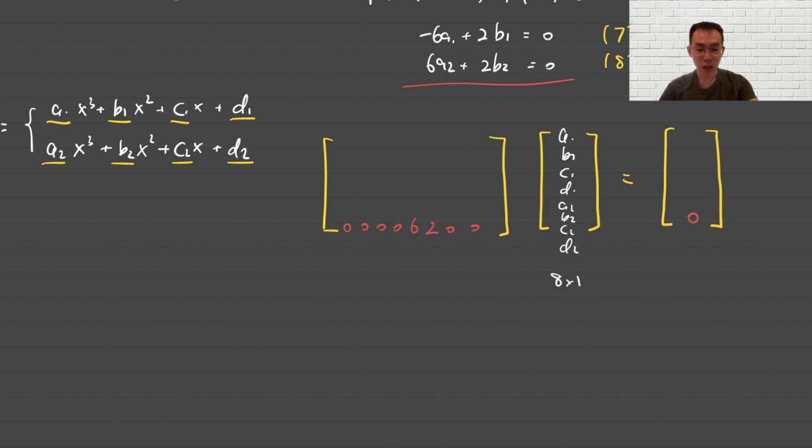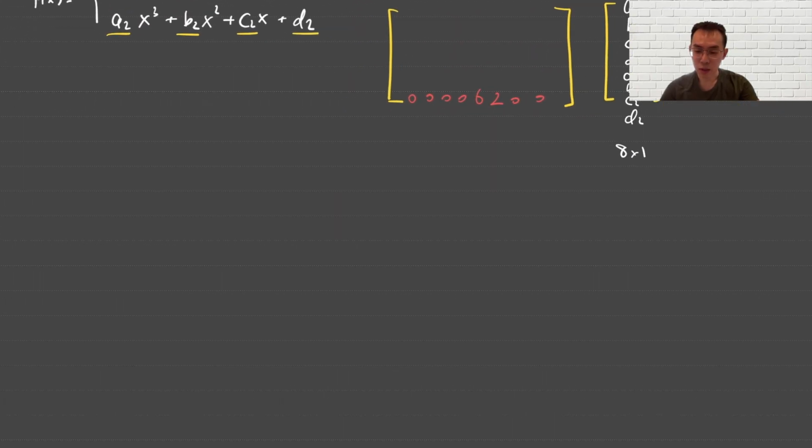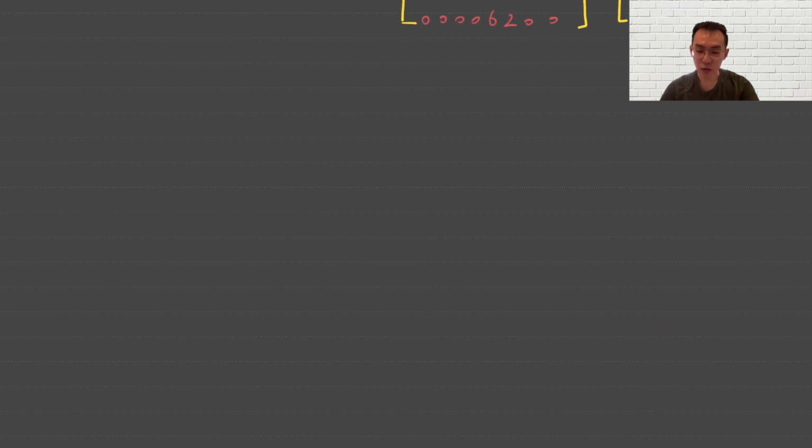And if we have n variables, let me just write out the number of equations to make sure everything works. So if we have n data points, then that means we have n minus 1 segments.